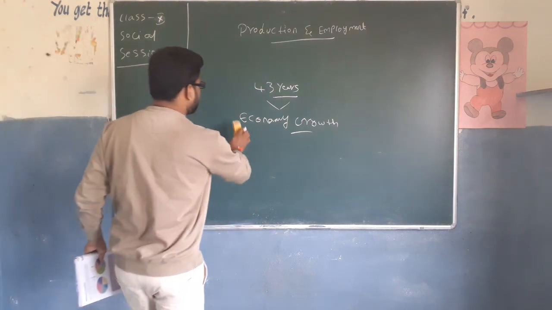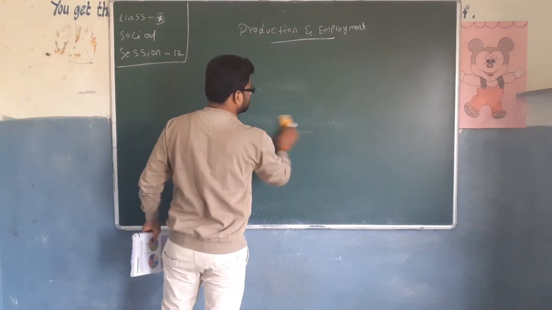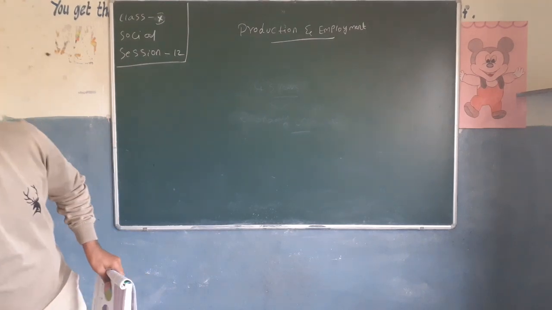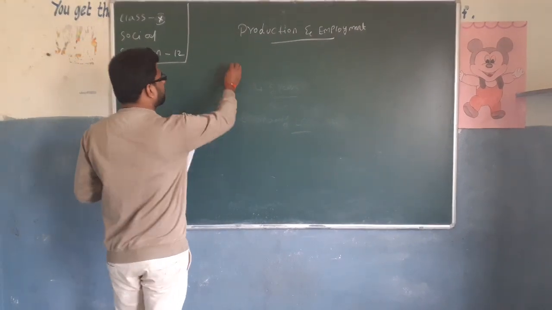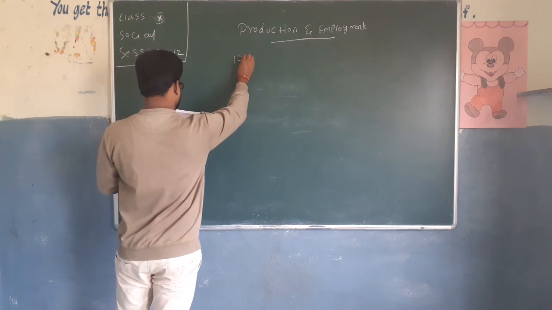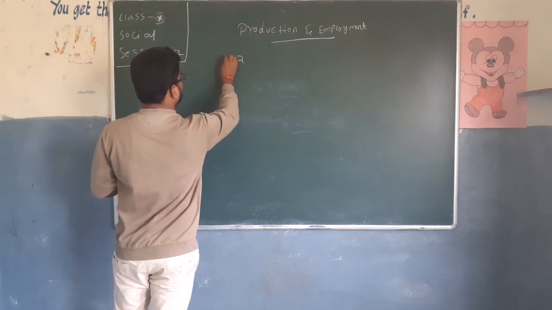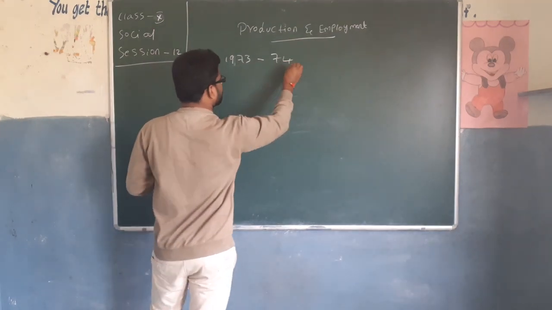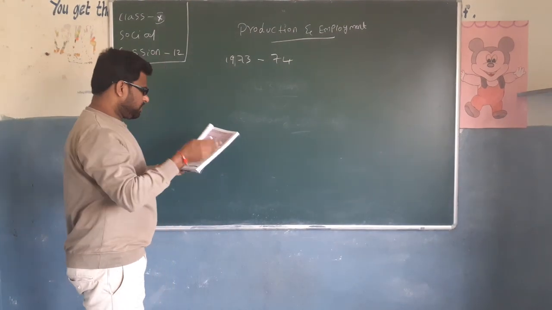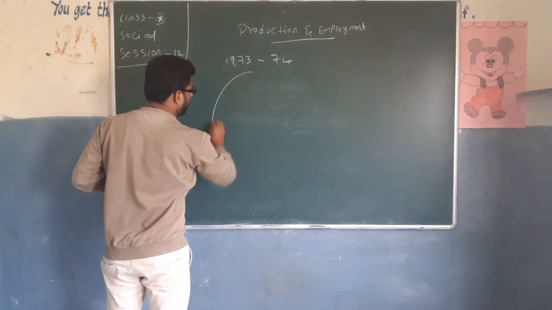We'll draw a diagram and try to see that. Now there is one picture in between, for 1973 to 74, showing how the GDP rate got increased. We will draw a diagram.